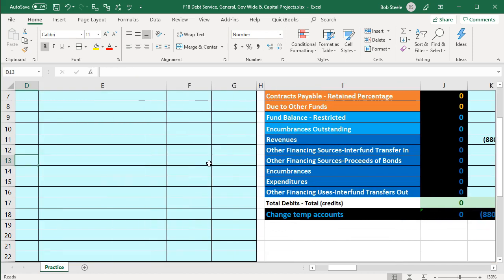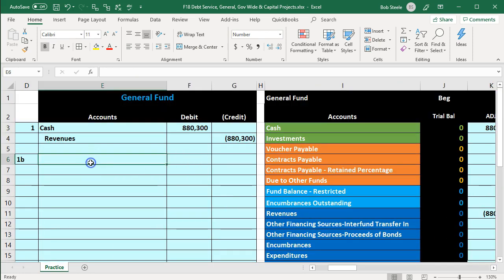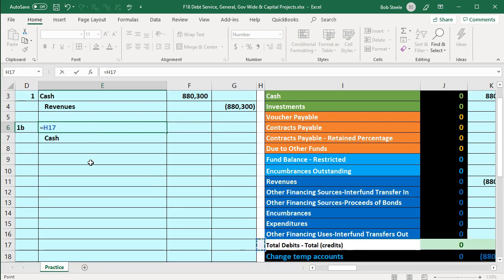Now we're going to take that money and we're going to transfer it to the debt service fund. So when we transfer it to the debt service fund, the cash is going to go out of the general fund, because we're in the general fund, and then it's going to go into a flow type of account, which is going to be other financing uses. Other financing uses, and it's going to be transferred out.